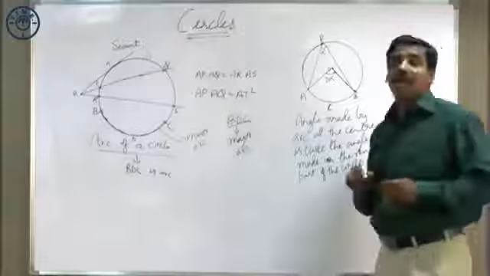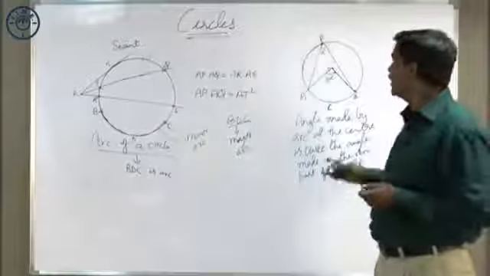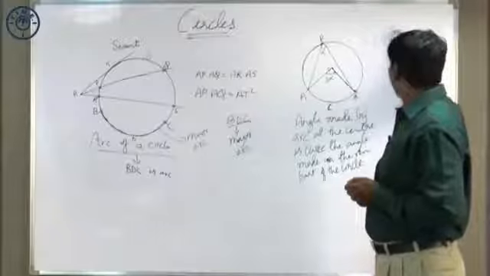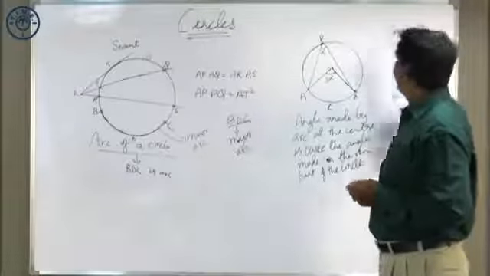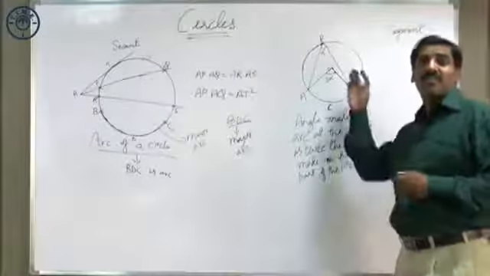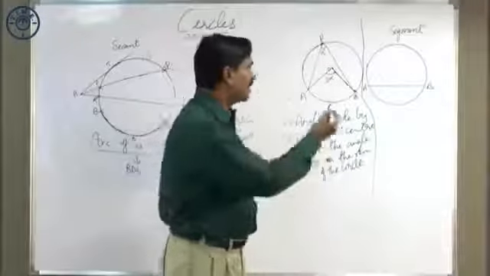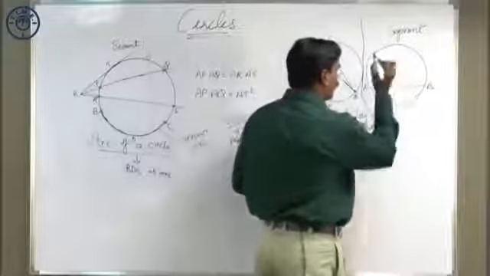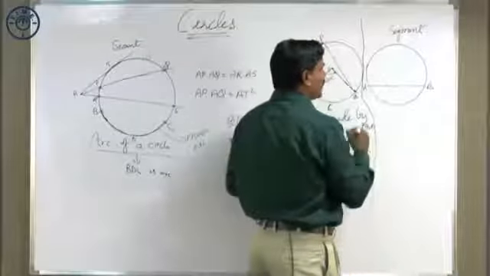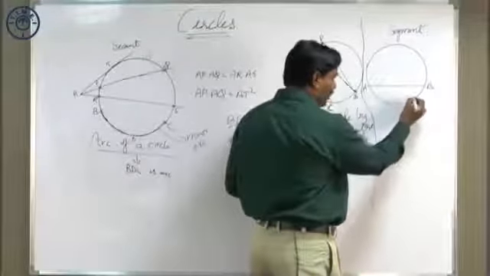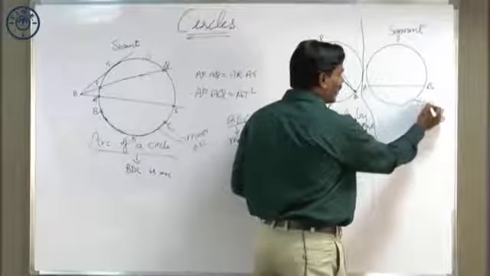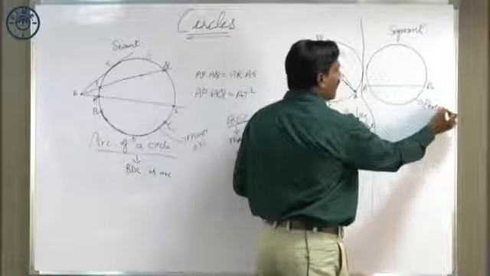Let us look at one more small aspect of circles, that is the segment. For this, let us have one more small circle, in this way, with center O. A segment is basically the portion of the circle separated by a chord.